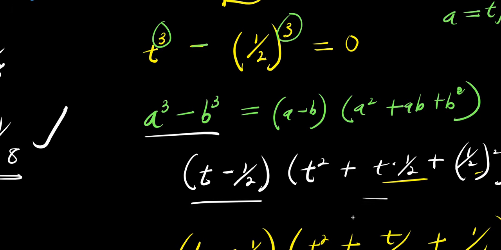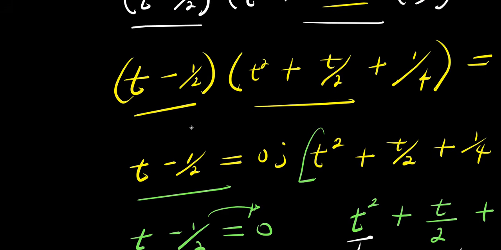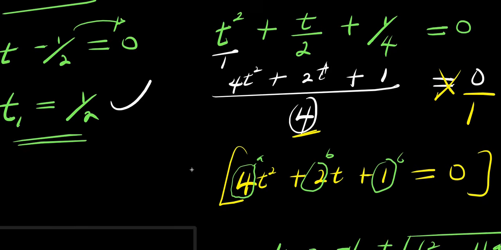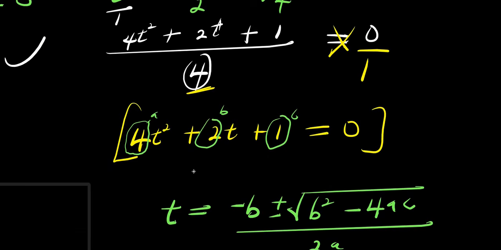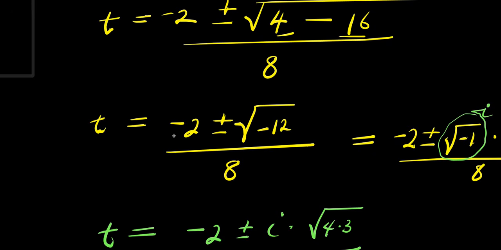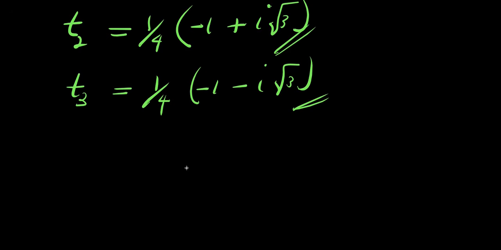We have two different expressions. From there, we formulated two different equations. One gave us a linear equation, which gave us this answer. The other one gave us a quadratic equation that gave us two different answers. So at the end, we have one real solution, and we also have two complex solutions, which are what we have right here.